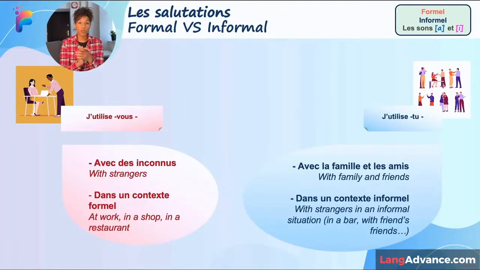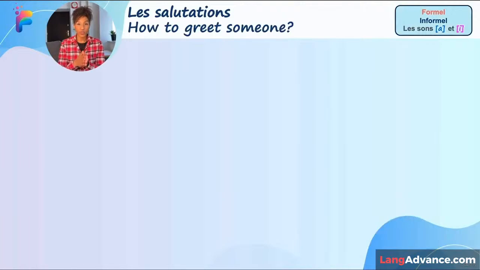Because somehow you have a connection, you have mutual friends, you can use tu with these new people. And when you are after work at the bar, for instance, you can also use tu because there is no more formal manners, things are much more casual, so people drop the formal act and use the tu much more easily.